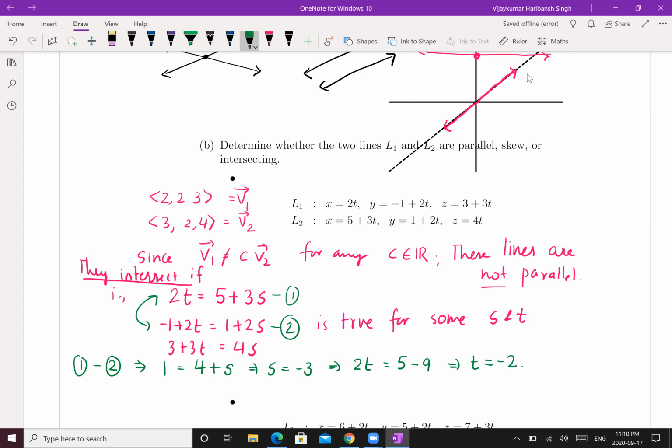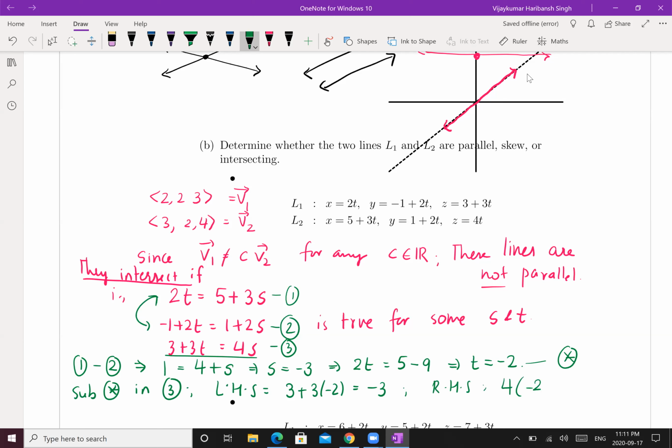Let's check if this simultaneous solution satisfies the third equation. Substituting into the third, LHS equals 3 plus 3 times -2, which is 3 minus 6, which is -3, whereas RHS is 4s, which is 4 times -3, which is -12.